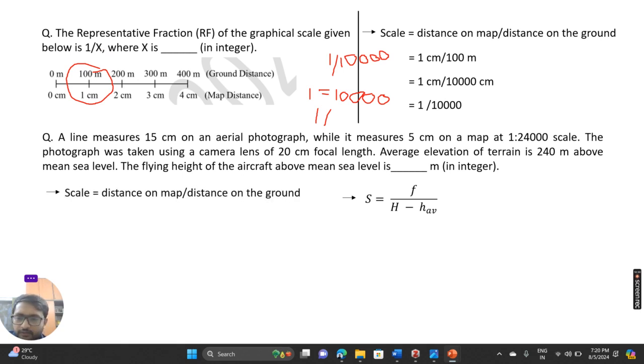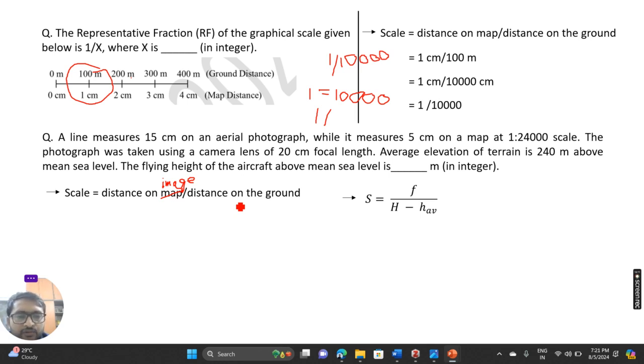So instead of map we will have distance on image, because we are taking an image with an aircraft, which will give us the image, not the map. So the formula of scale will be distance on image divided by distance on ground. But in the question they have given us the scale on map.